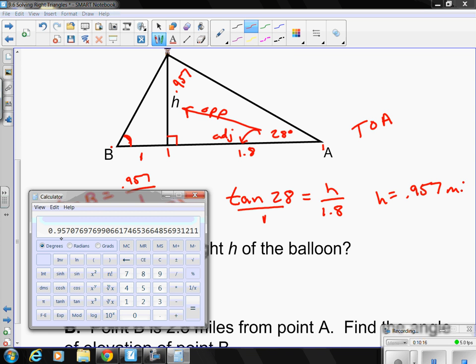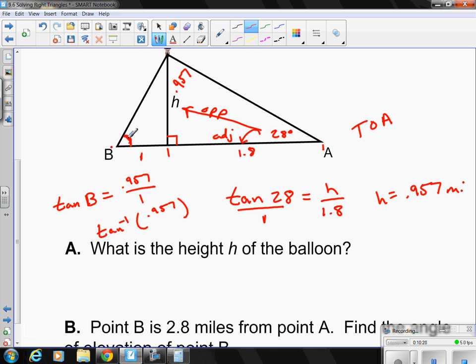So this is the exact answer, so I'm going to just hit inverse tangent. That's going to tell me my angle, 43.7. This angle is going to be a 43.7 degree angle. And just estimating it, I knew these side lengths were pretty close to 1, so it was pretty close to an isosceles right triangle, a 45, 45, 90 triangle.